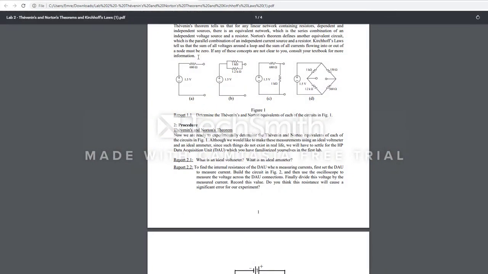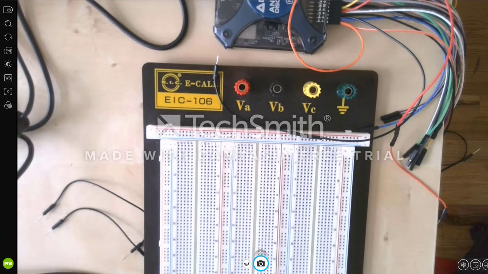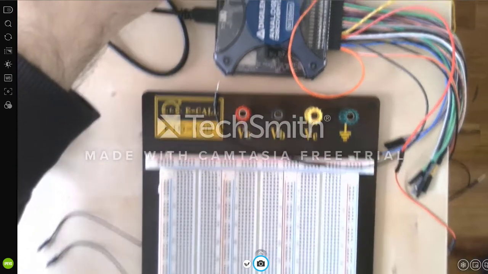The first circuit is in figure 1A. It's a pretty basic circuit. We need one 680 ohm resistor. Okay, there it is. We are plugging in the resistor.